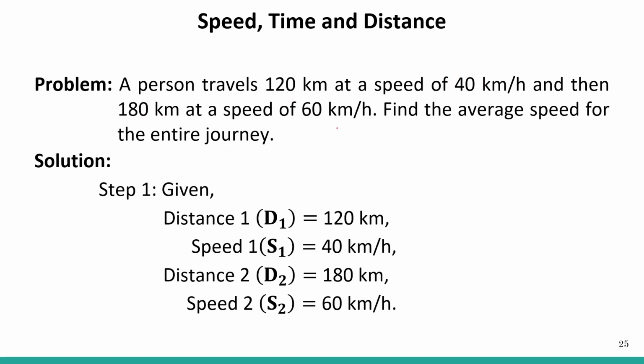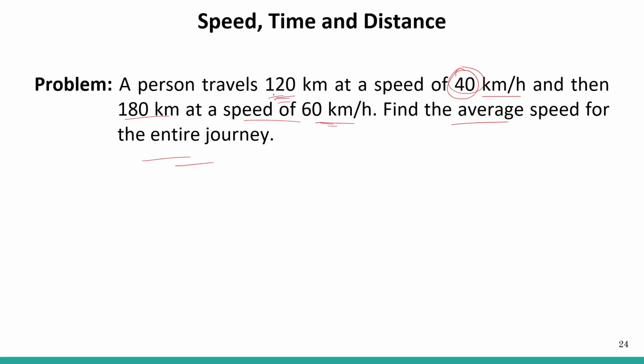Okay, so for the first part of the travel, let's calculate the time. t1 will be distance, that is 120 by 40, which is equal to 3 hours. t2 will be 180 by 60, which is also 3 hours.